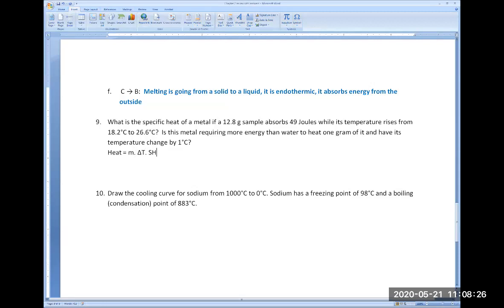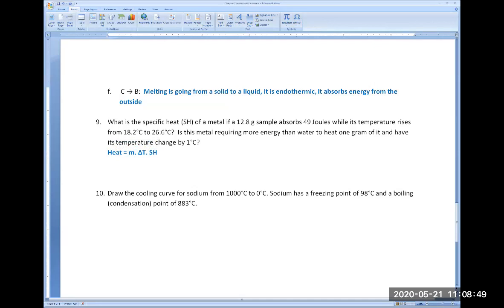SH represents the specific heat. Let me put this here, SH. So that's the formula we will need to use whenever you hear about heat calculation or specific heat.